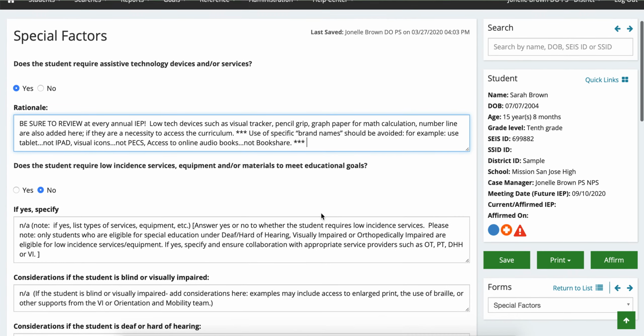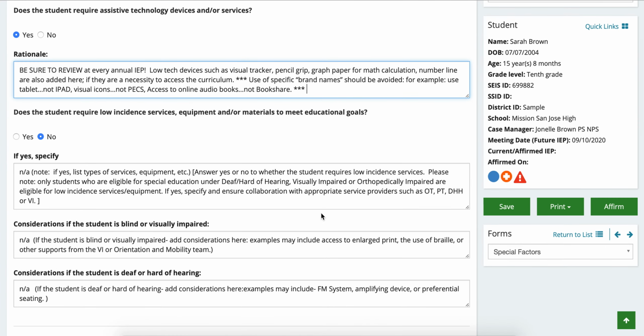All right. The second question is, does the student require low incidence services, equipment, and/or material to meet the educational goals? So you're going to either mark yes or no in this area.